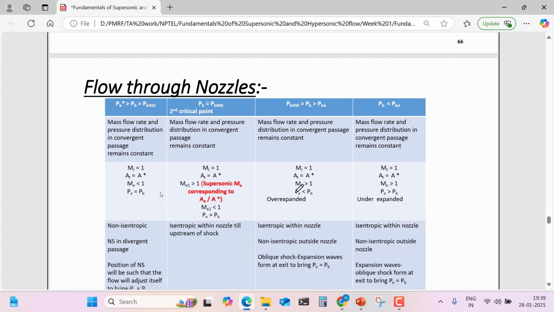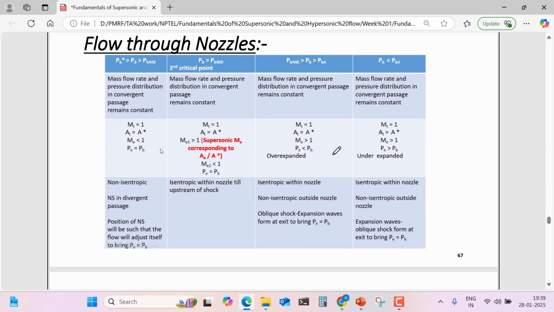So the flow will remain isentropic till the exit. After that there will be an oblique shock, which will be non-isentropic, and due to which there will be oscillation of pressure also, because the oblique shock will increase pressure more than the back pressure. Then there will be an expansion wave which will reduce it. So an oblique shock and expansion wave form at the exit to bring the pressure P equal to back pressure.